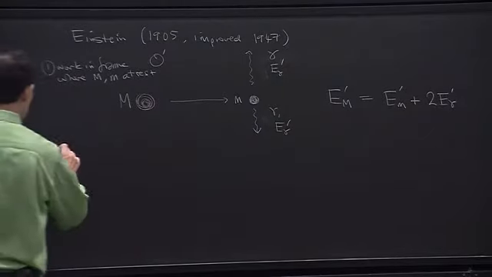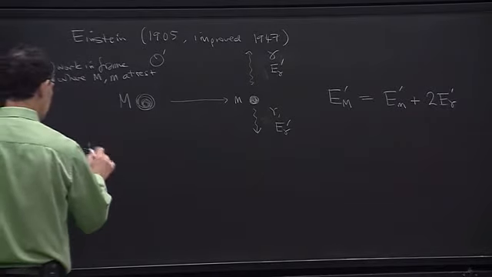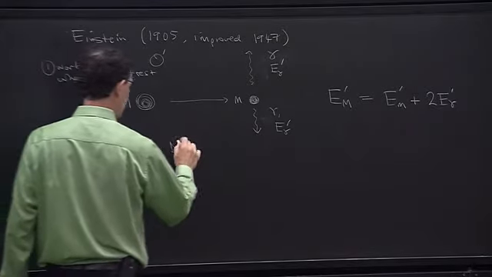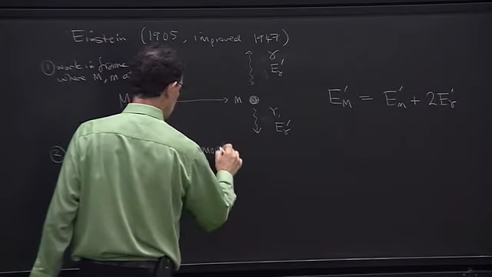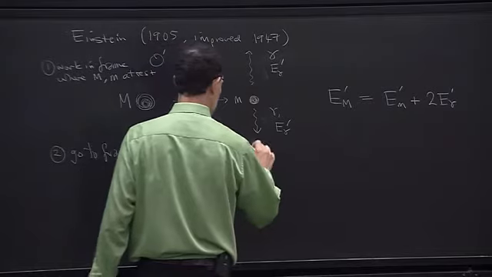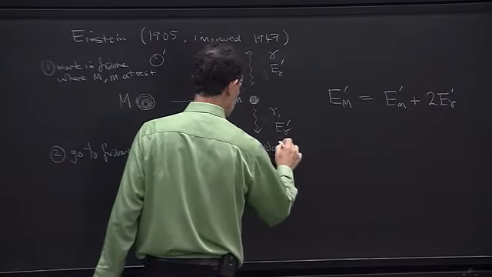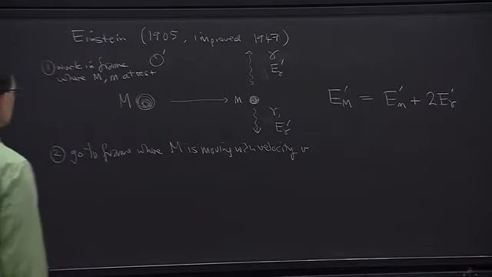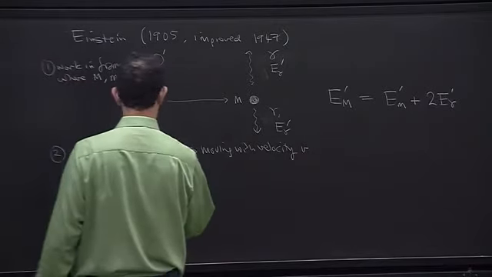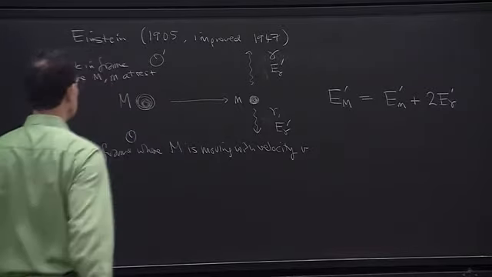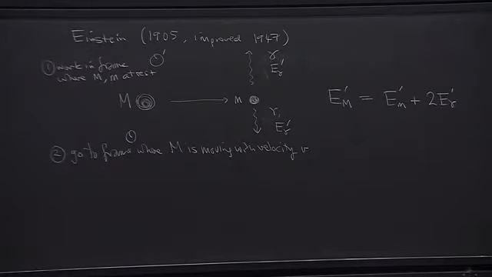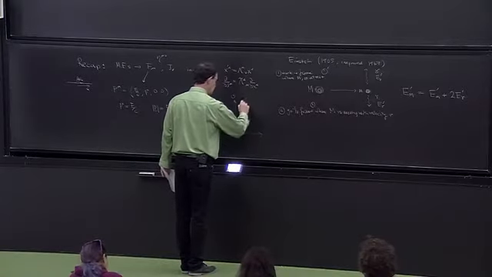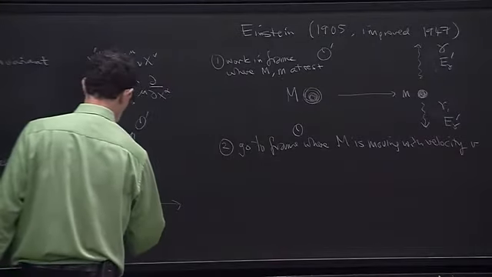Okay, so now we're going to transform. We're going to go to a frame where m is moving with velocity v. Okay, so that will be a frame O. So we'll have a space-time picture that this is O, and this is O prime, right?